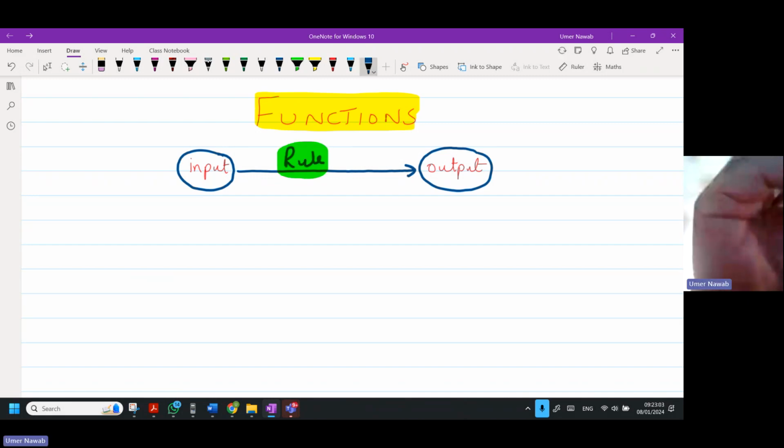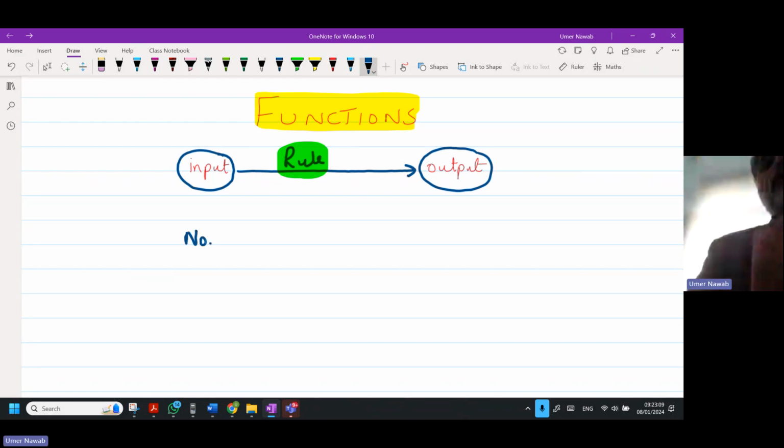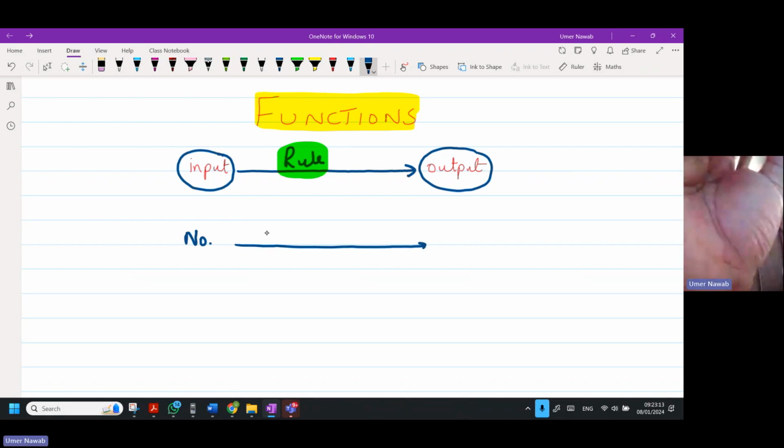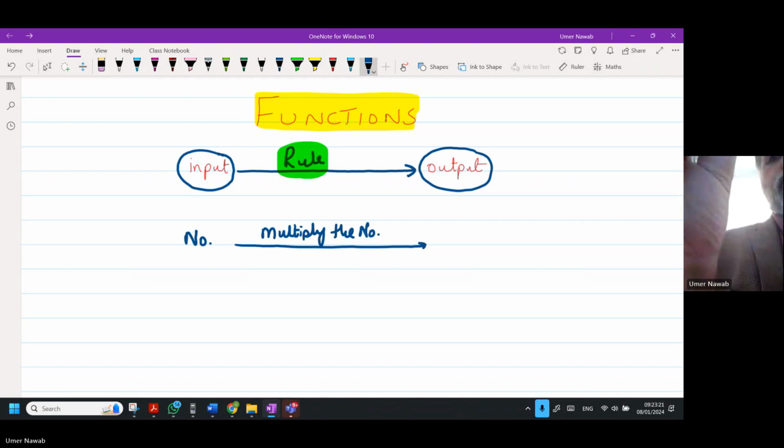For example, if I have a number, and I say my rule is multiply the number by 3.